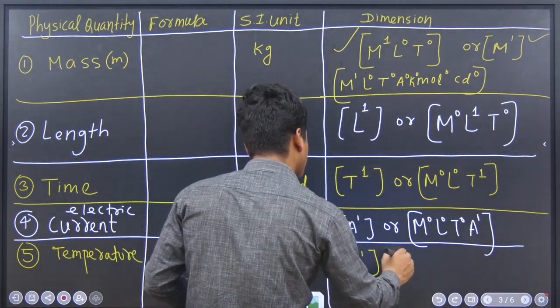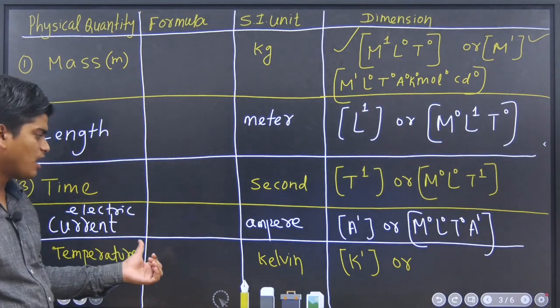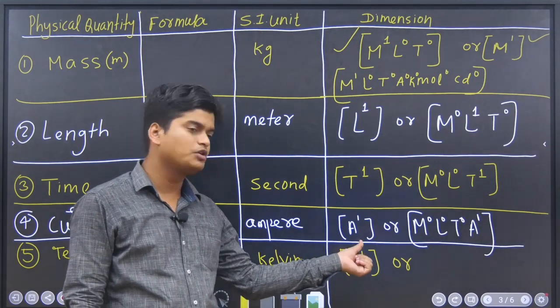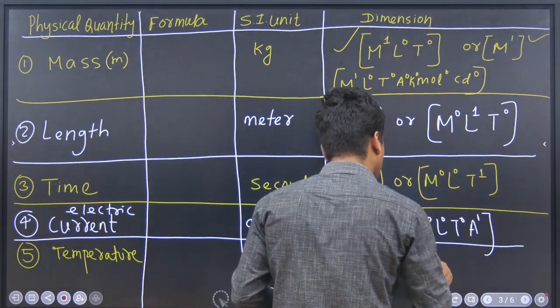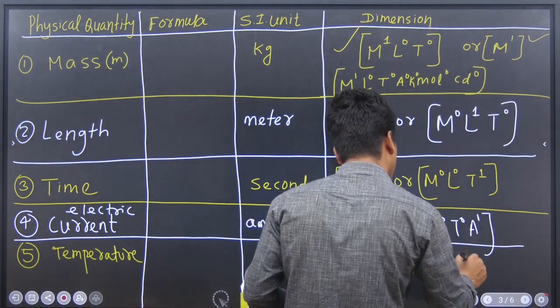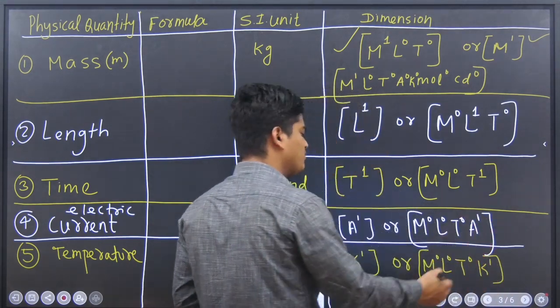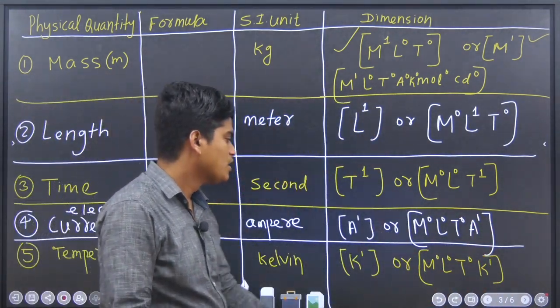Remember, some books write temperature in terms of theta. Kelvin is the unit, but they write theta to the power 1, and that is also correct. I am writing K to the power 1. Then it is M0, L0, T0, K to the power 1, and A to the power 0, but I do not want to include that. I just want to show MLT. Now the next quantity comes.